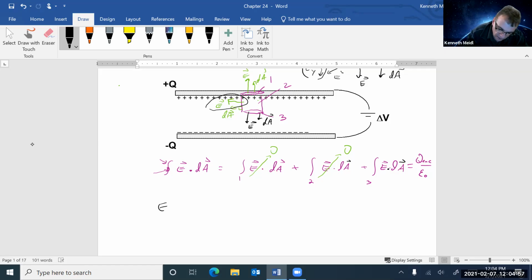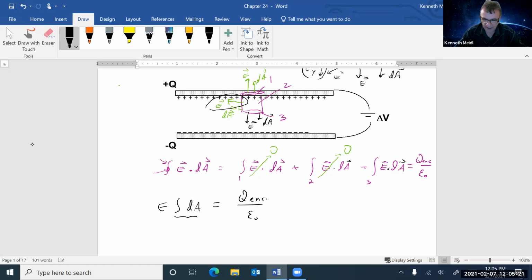And so, when you add up the area of that end cap, you just get the area of the end cap, right? That's what the integral is telling you. Get your little tiny areas, add them all up, and you end up with the total area here. And that's the charge enclosed over epsilon 0.